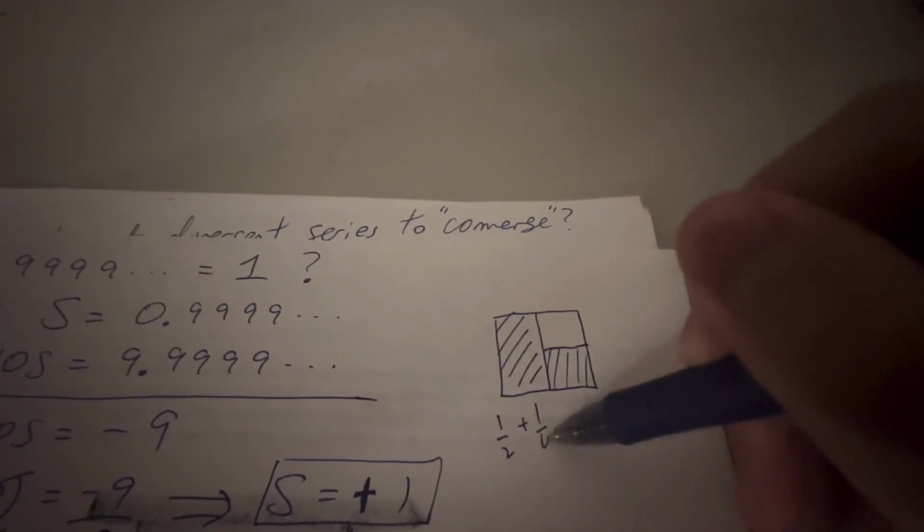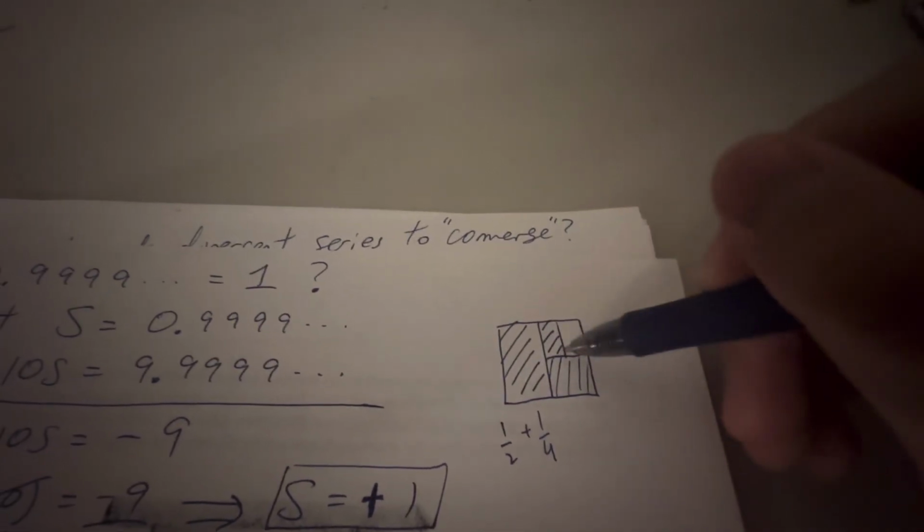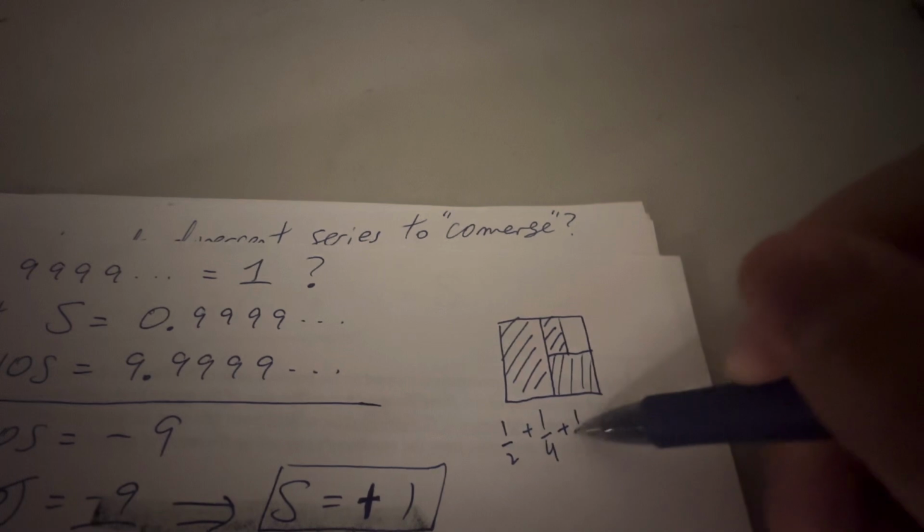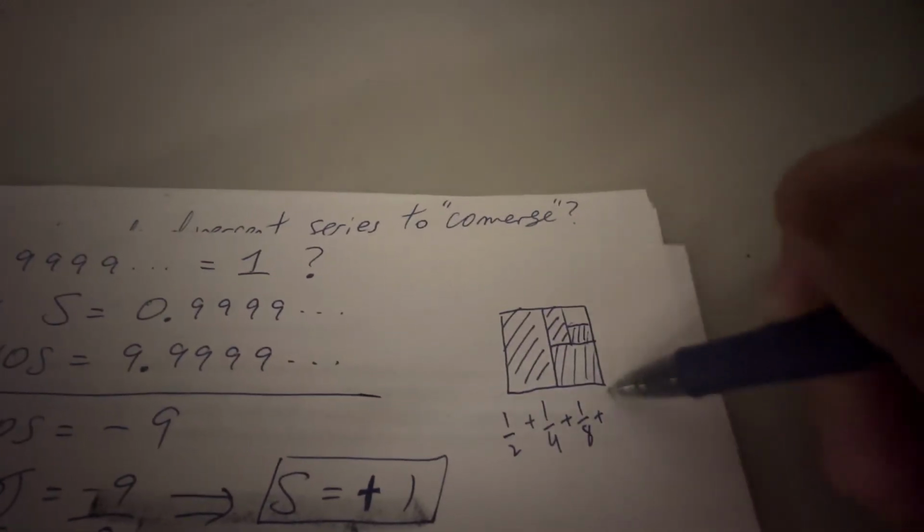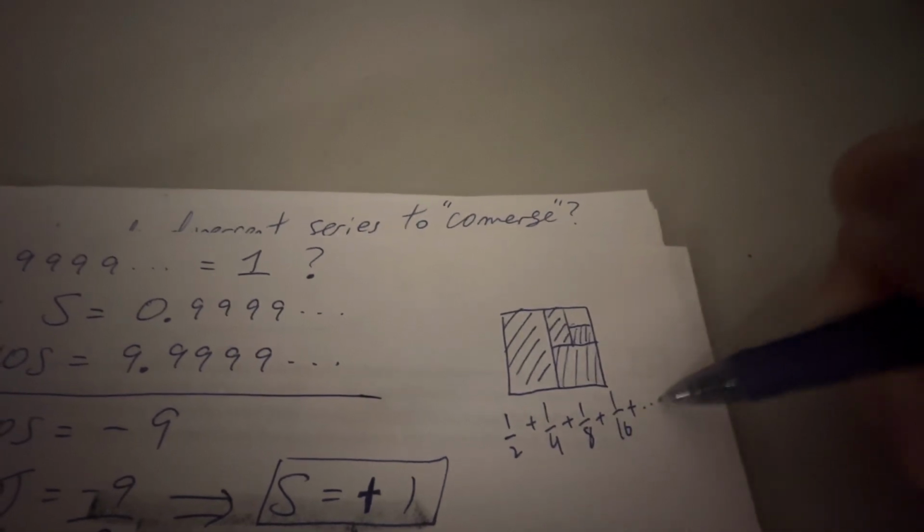And if I shade in this half, well, that's just half of a half, which is a quarter. And if I shade in this half, that's a half of a quarter, which is just an 1/8. And you can see the general pattern here. That's going to be a 1/16. And it keeps going on and on. And you can see that as I go on and on, I end up filling in the whole square.